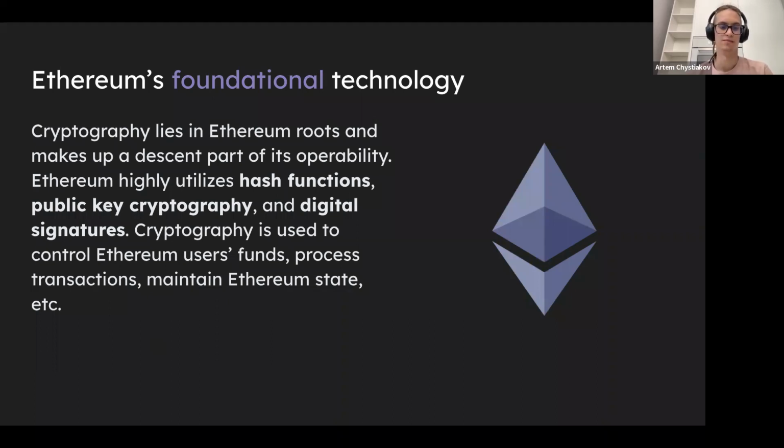Ethereum uses it to control users' funds, so addresses and private keys of the users are utilized cryptographically. Also everything that Ethereum maintains, its state, the transactions, the blocks, and transaction hashes, is related to cryptography and hash functions.